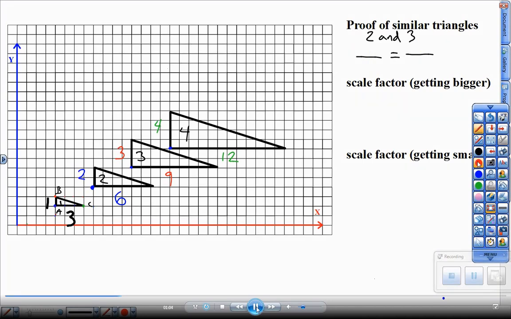Another way I could do this would be to put the 3, the length of the tall one over the length of the little one, as long as I did the length of the big one over the length of the small one. Again, those are equal. I could do it another way. I could do it 6, the length of the small one over the height of the small one, equal to the length of the big one over the height of the big one.